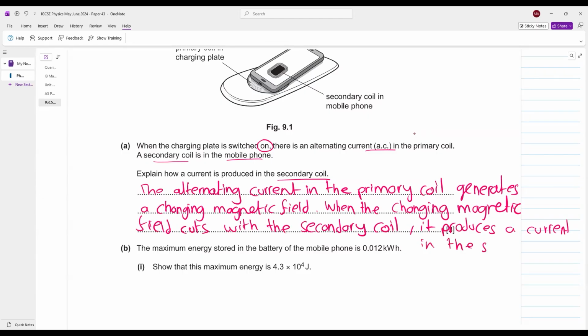Simple. Easy peasy. Let's further move ahead.